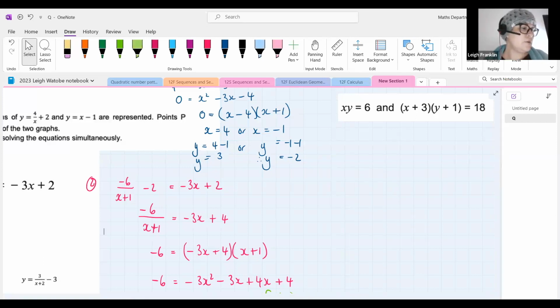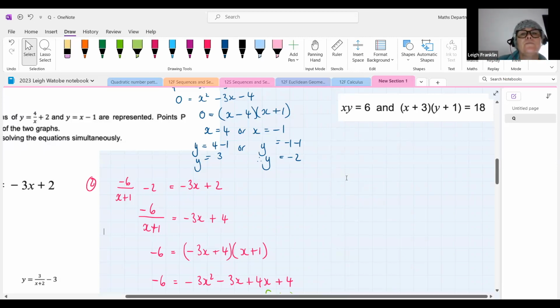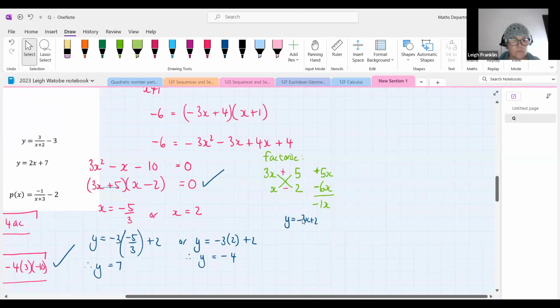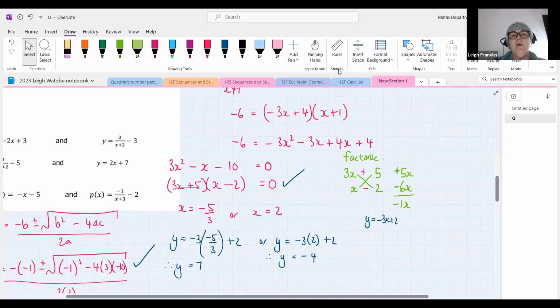I have a question. So, sure. Y is equal to 4 minus 1. How did you get 2? Because in this equation they say minus 3x plus 4. Yes. So I took everything over to the left-hand side.